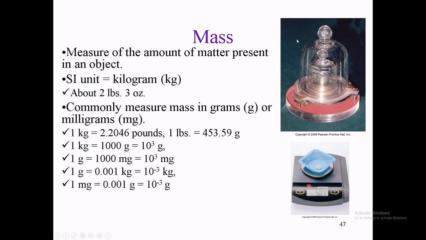This is the standard for exactly what a kilogram is. We're still working out a better standard, something based on something immutable like we have for the wavelength of light. But this is just a little platinum piece that is in a vacuum chamber that's kept in Paris.